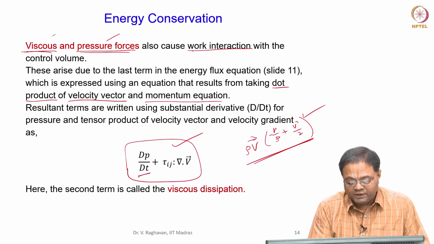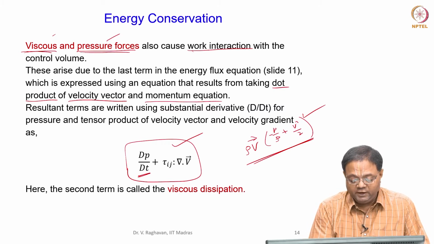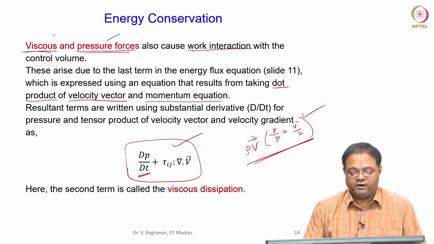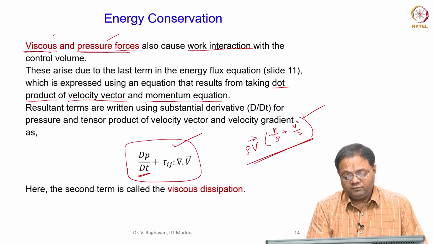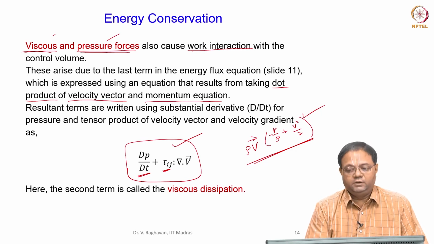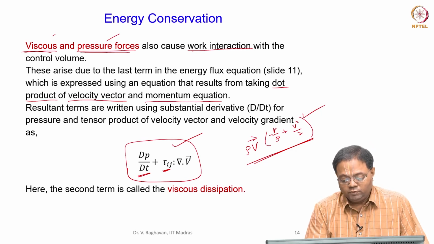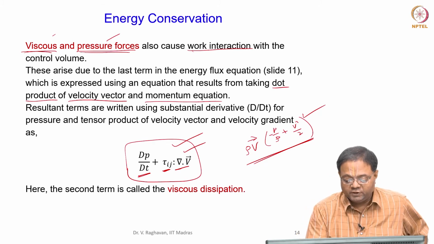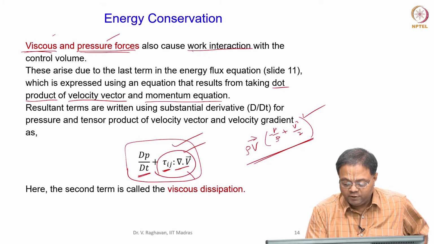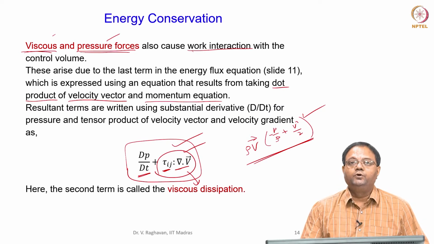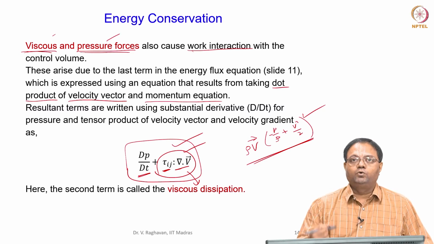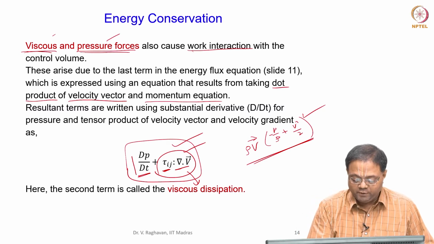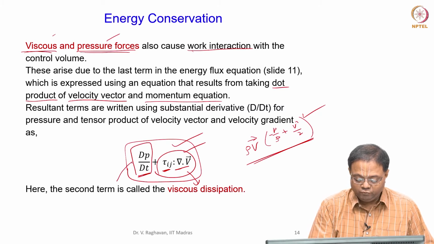The substantial derivative of pressure, that is capital D p by dt, plus this is the stress tensor, the tensor product of the stress tensor and the gradient of velocity. This will give you the viscous forces. So this term is called the viscous dissipation term, that is the force done by the surroundings on the control volume. Similarly, this is the pressure force term.